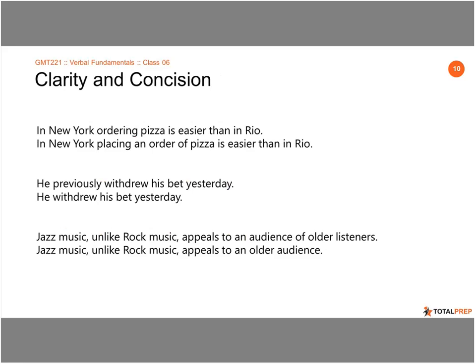However, ordering and placing an order is the same thing. So according to what the GMAT wants, the first one would be appropriate. Even though it's grammatically correct, it's longer. You can use one word without loss of meaning, and this word would be order.